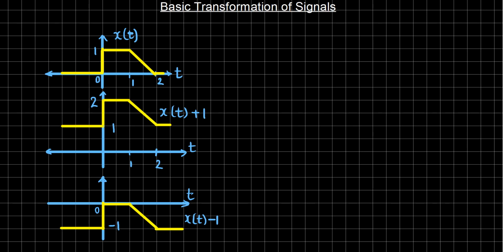Now, in both of these operations that we have performed so far, we have operated along the vertical axis. That means along the dependent variable. Let me write that.